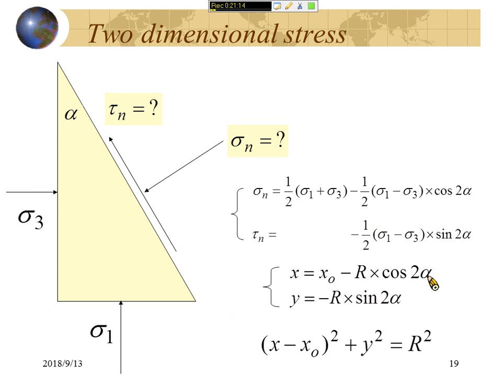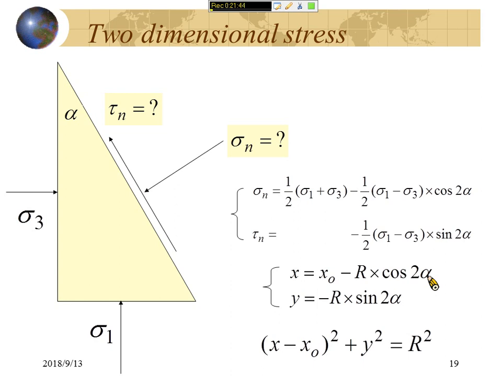This will be the Mohr circle. What is the Mohr circle? Mohr circle is a graphical illustration of a stress tensor. Right now, when you draw a Mohr circle, that Mohr circle represents a stress tensor.